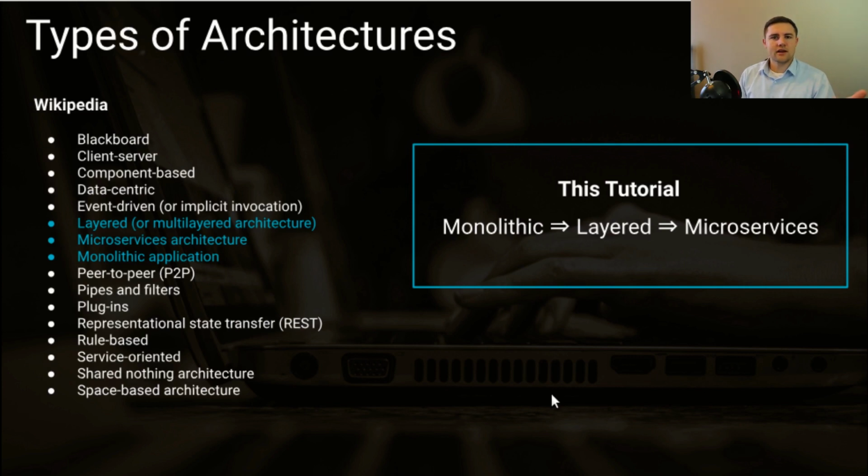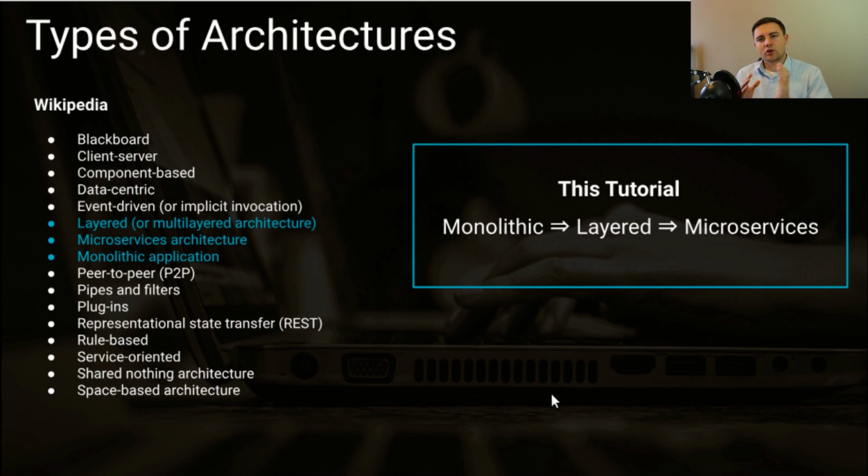So the monolithic is going to be the simplest and probably the least effective. The layered is building on top of that, making the monolithic architecture a little bit better. And then the microservices, as you've probably read about, is a hot industry trend, and is probably the most effective of these 3.